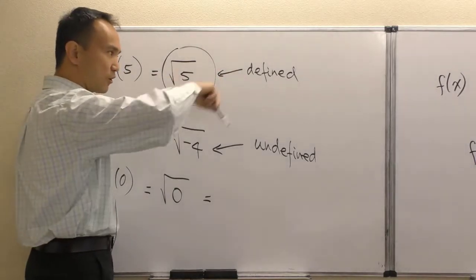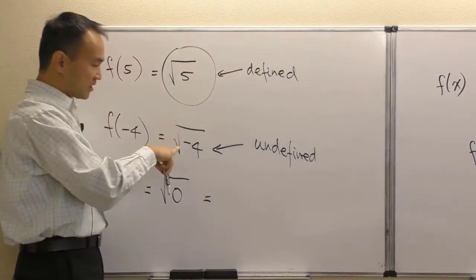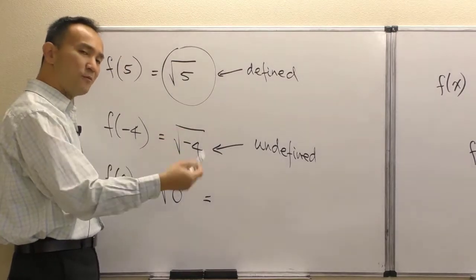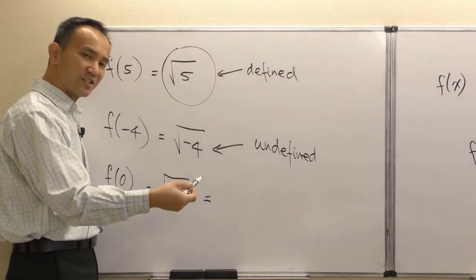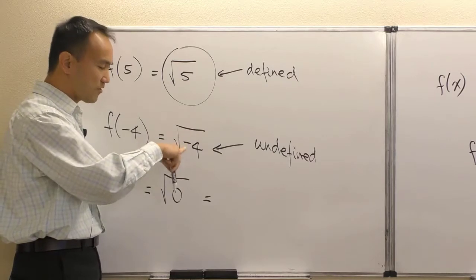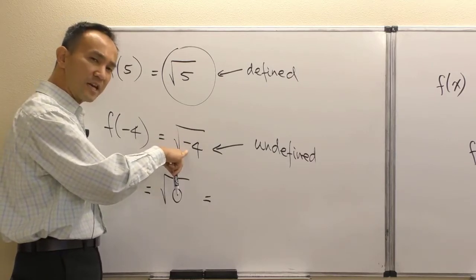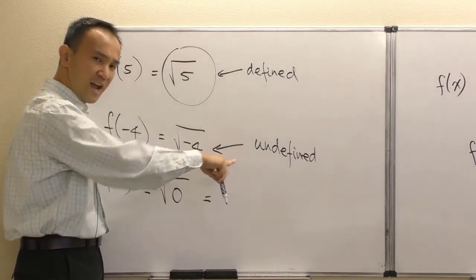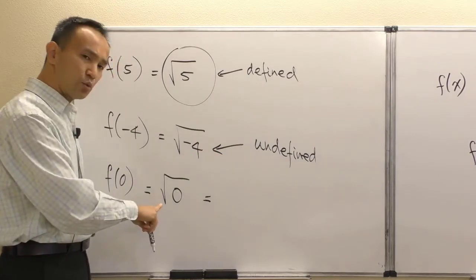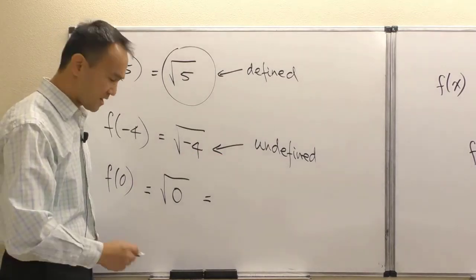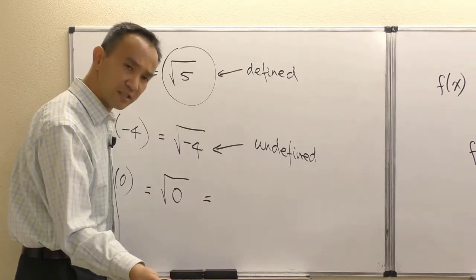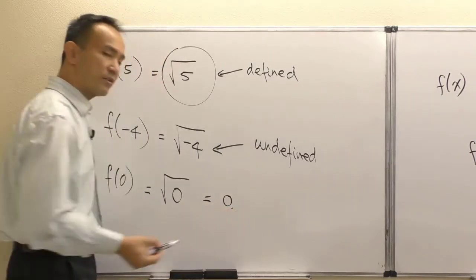That's why overall here it's a defined value. Taking the square root of negative 4, or hopefully anyone watching this is going to start having a generality, taking the square root of a negative number is impossible. And that's why we had an undefined. Taking the square root of 0 is possible. The square root of 0 is 0.